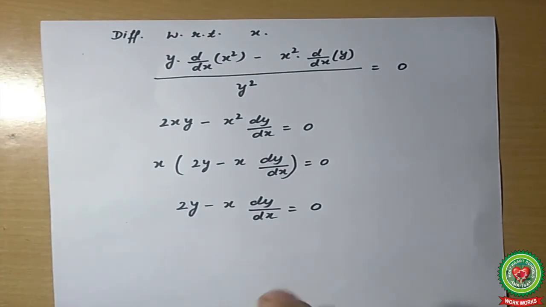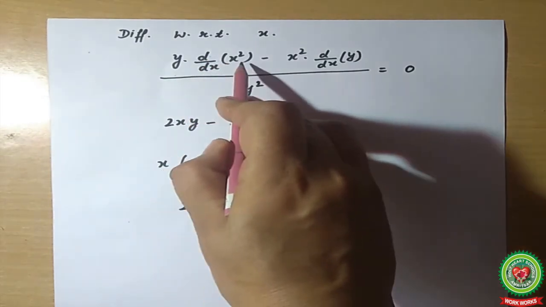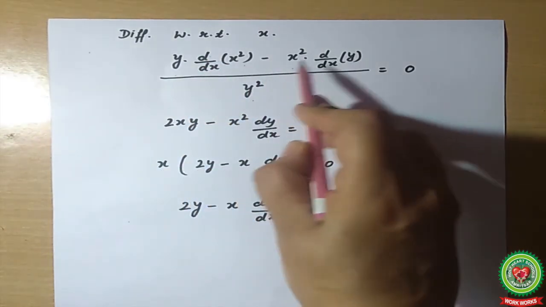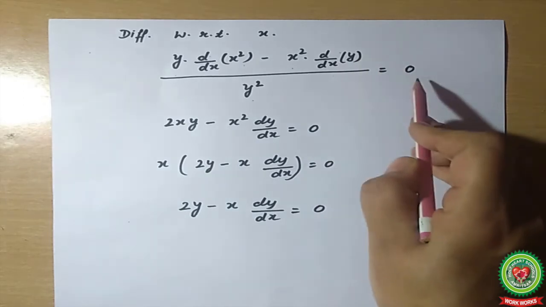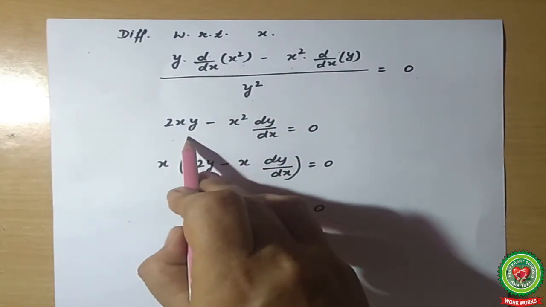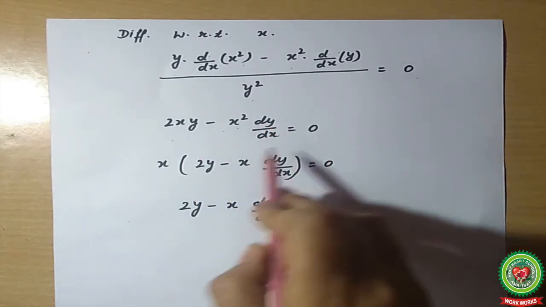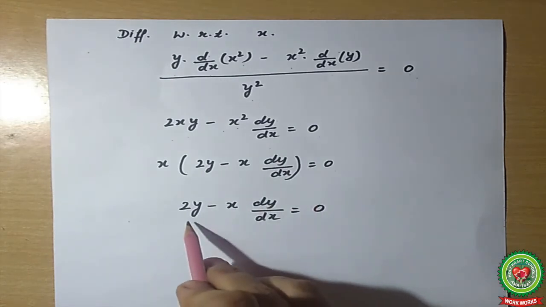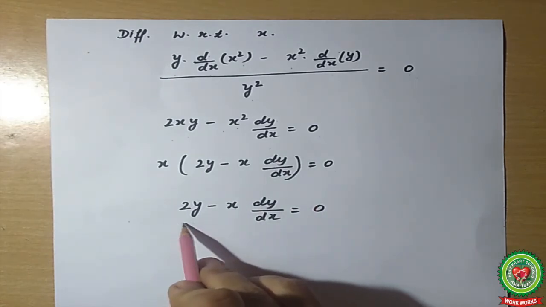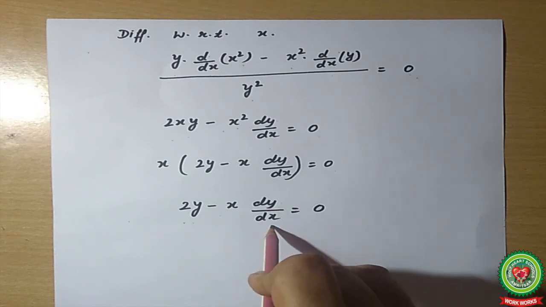According to that rule, y times differentiation of x square minus x square times differentiation of y is equal to 0. When we differentiate, 2xy minus x square dy upon dx is equal to 0. When we solve, the last equation is 2y minus x dy upon dx equal to 0, which is the required differential equation.